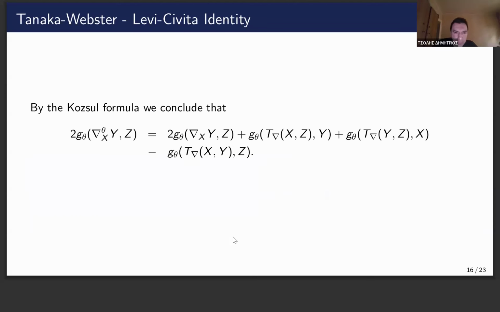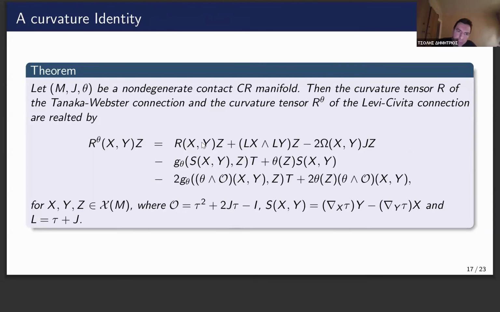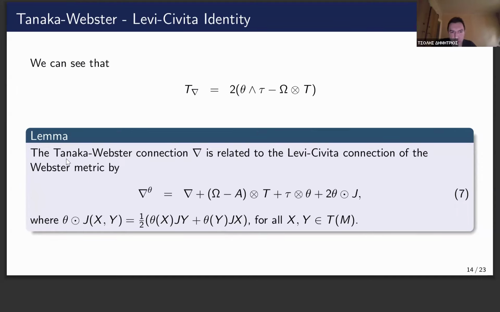Perhaps it is. Okay, now let's return to this formula here. I won't prove this, but the idea is we just use this identity and the definition of the curvature, and after many computations, which are non-trivial, you can get the result.